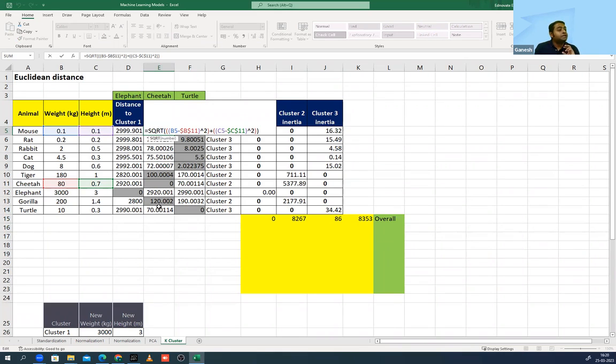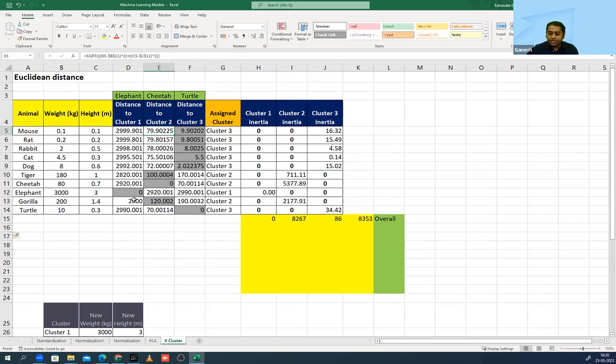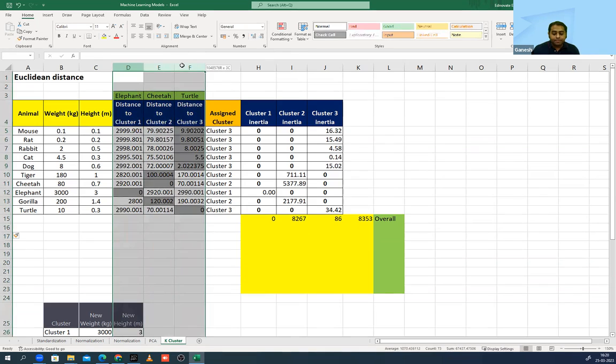I'm finding how far you are from the average, the center of that cluster. I hope everybody is able to understand. So I'll do it for each of them.